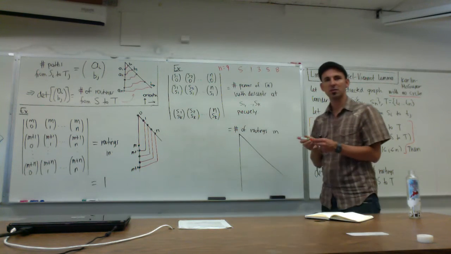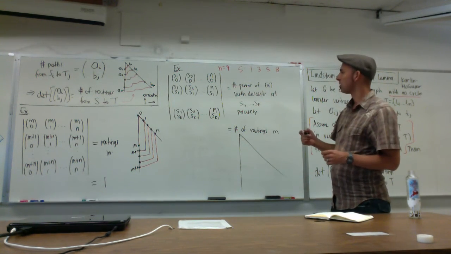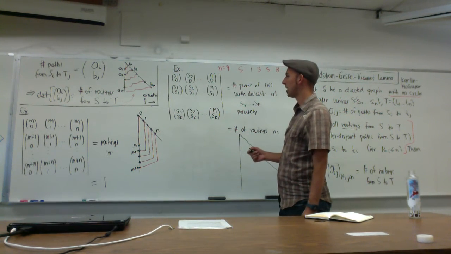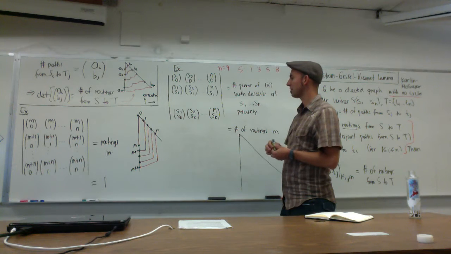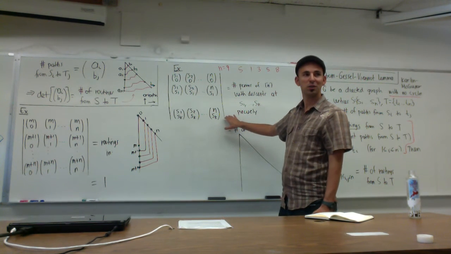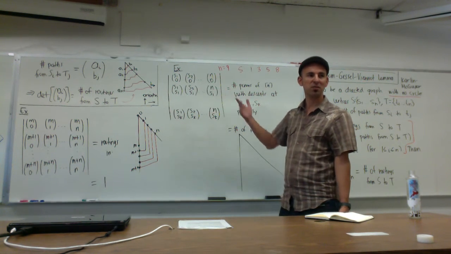So I want to do the same example. Now, again, I guess this is actually the transpose, but it doesn't matter because the determinant of a matrix and its transpose are the same.